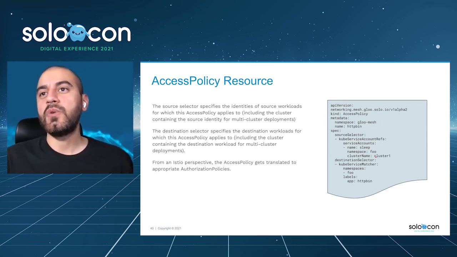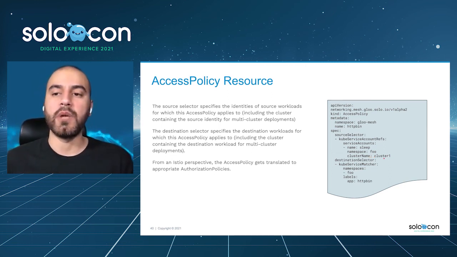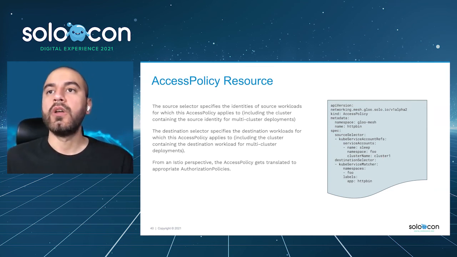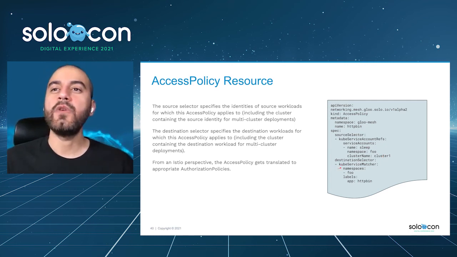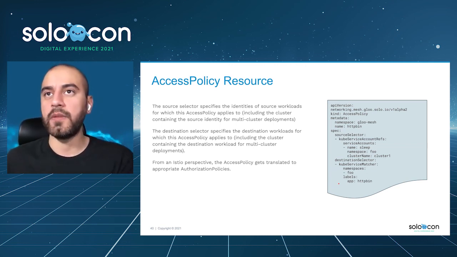And then what's new here is that the cluster name is specified, again, because we have the concept in Gloo Mesh of multi-cluster. That's built into the tool. So you can specify which cluster you're talking about. And then you have a destination selector, which is the target of the policy, right?